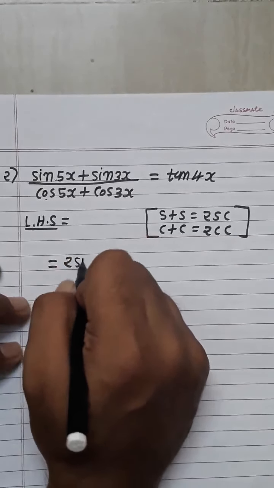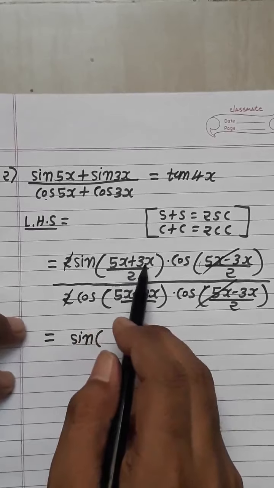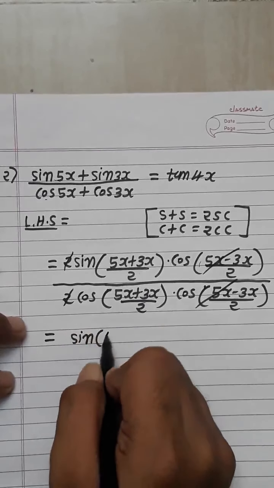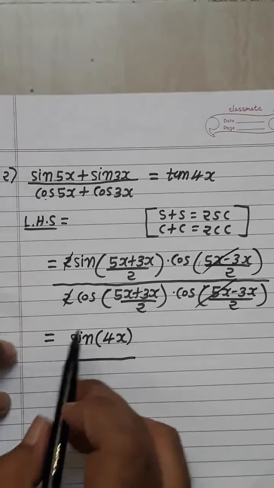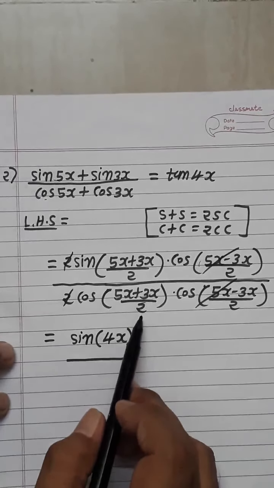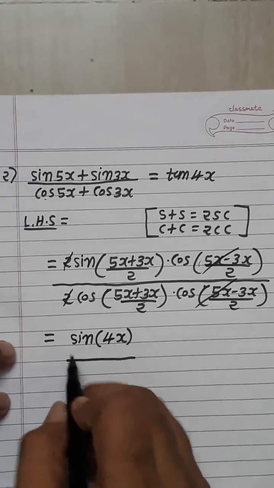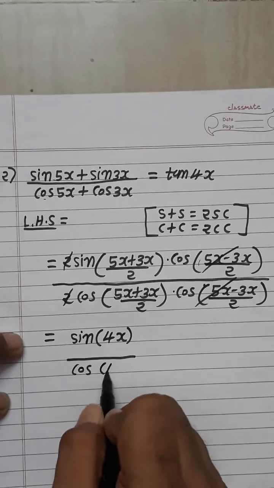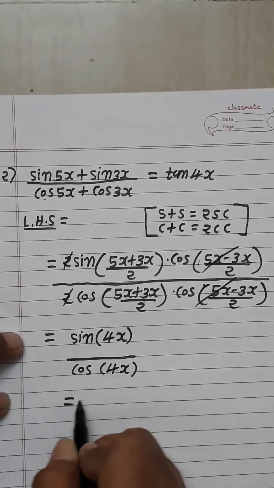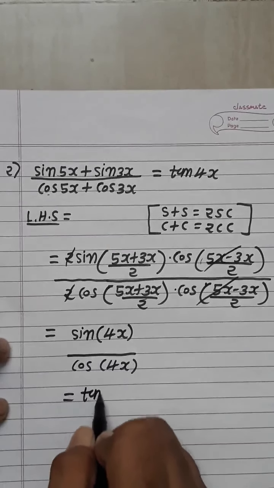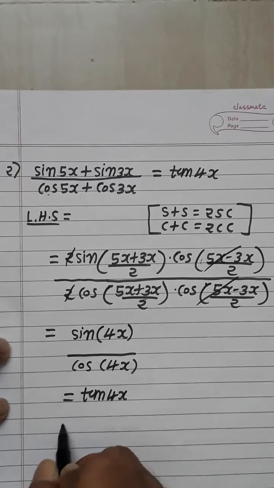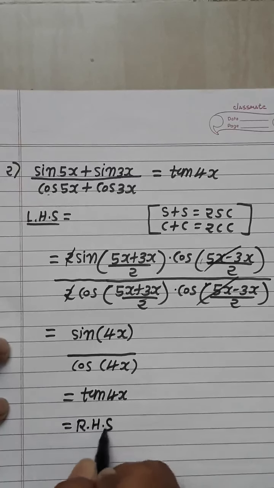The remaining term is sin of (5x plus 3x, that means 8x divided by 2), so here we can write sin 4x upon, in the denominator term, (5x plus 3x divided by 2), so again we can write cos 4x. And we know that sin upon cos means tan. So we write tan 4x, which is equal to our RHS.